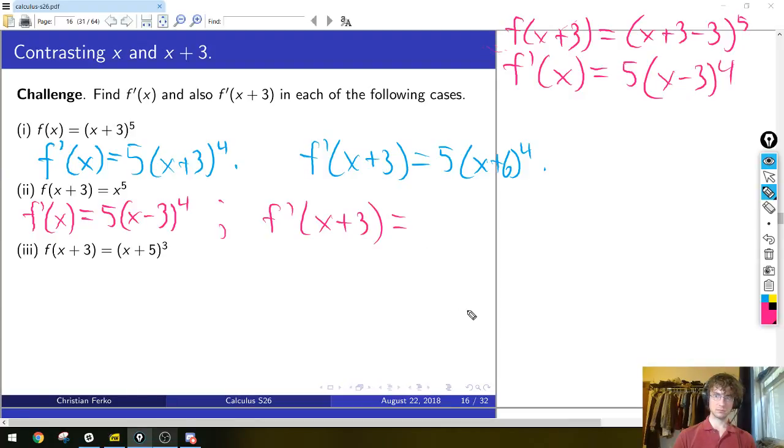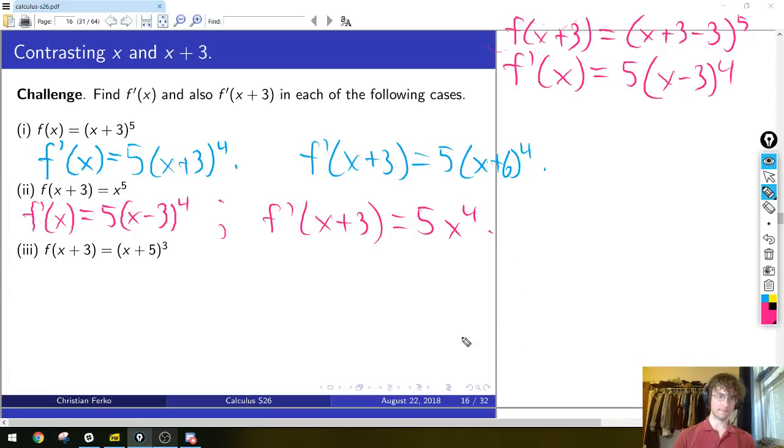I believe that this is simply 5x to the power of 4. So let's see, f prime of x plus 3 in this case would be 5 times x plus 3 minus 3 to the 4, and then x plus 3 minus 3 is simply x.